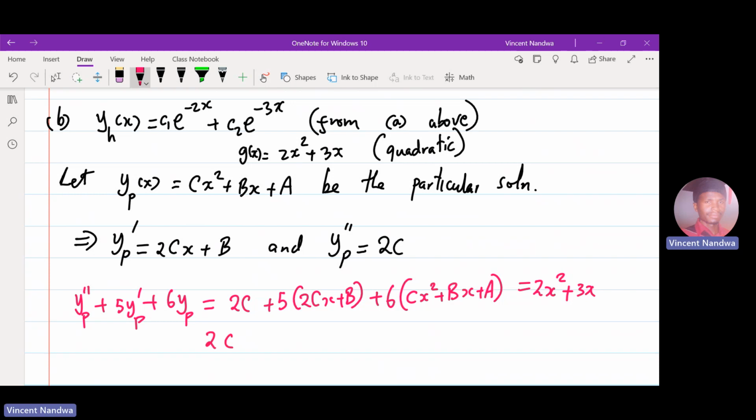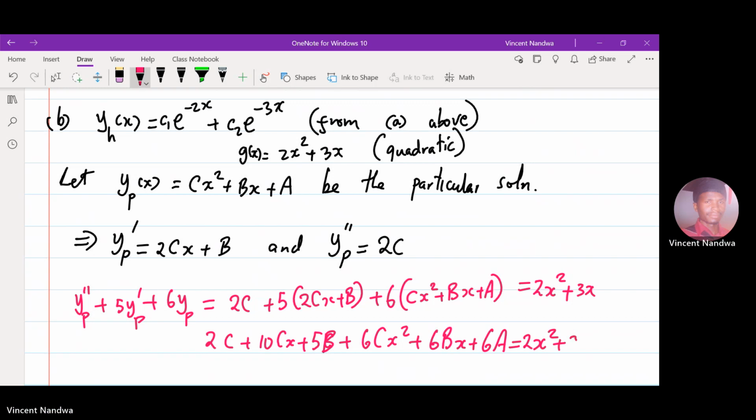I have 2c plus 10cx plus 5b plus 6cx squared plus 6bx plus 6a equals 2x squared plus 3x.